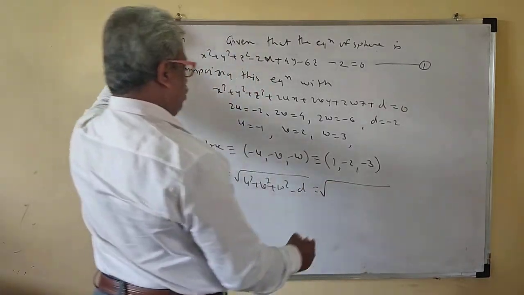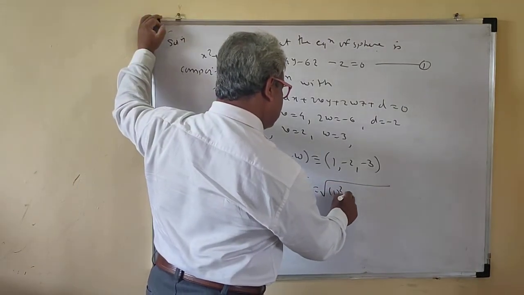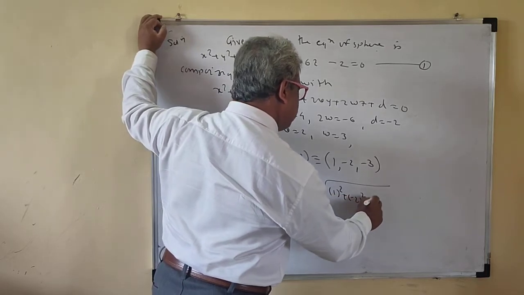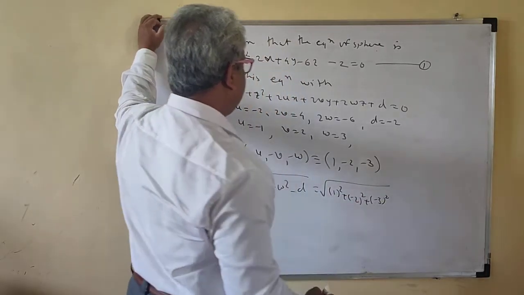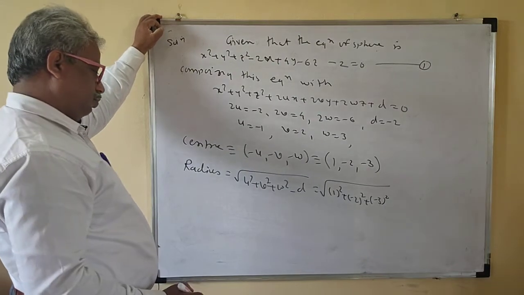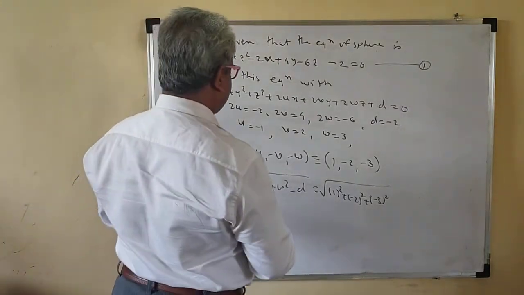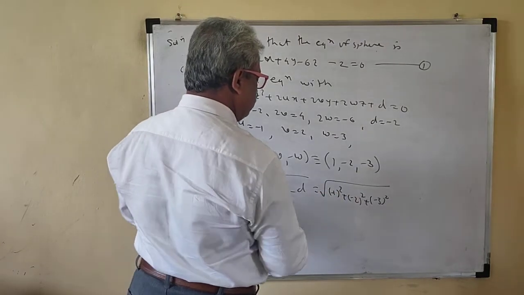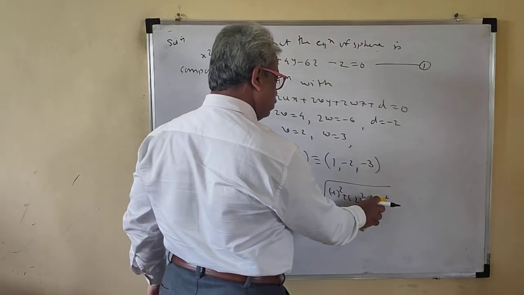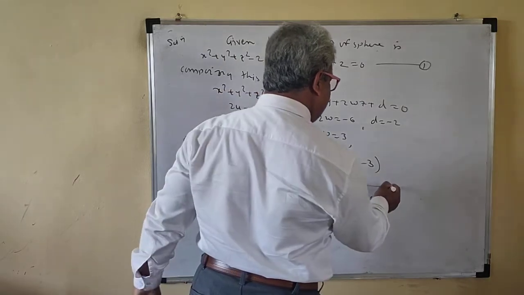So this is root of minus 1 square plus 2 square plus minus 3 square. No need to write a minus sign here actually, though no problem if you write the minus sign.